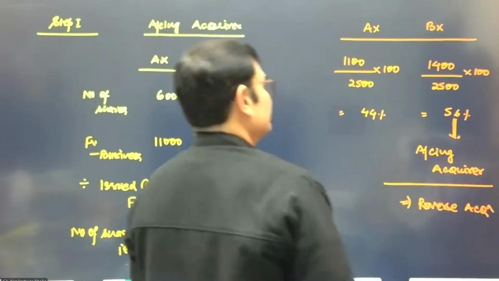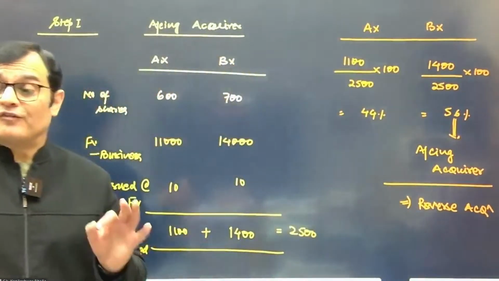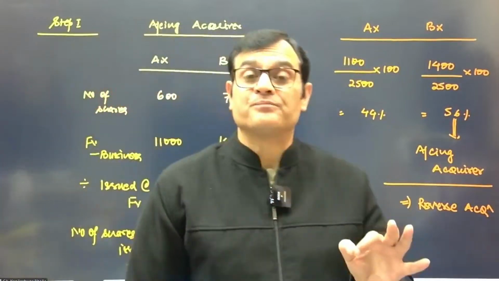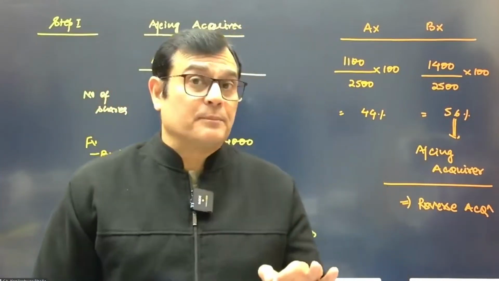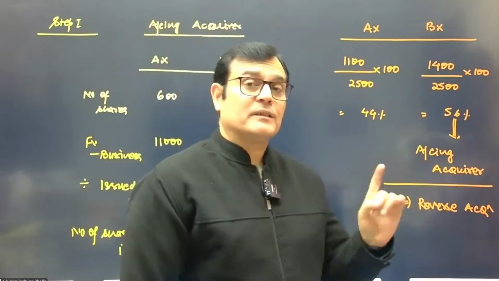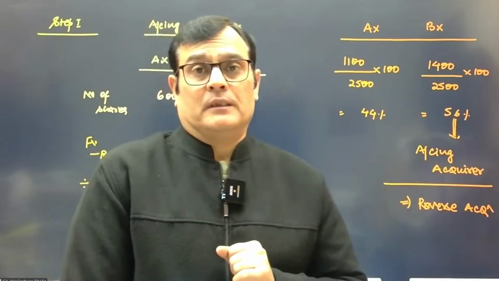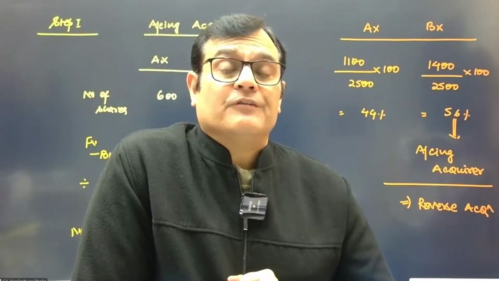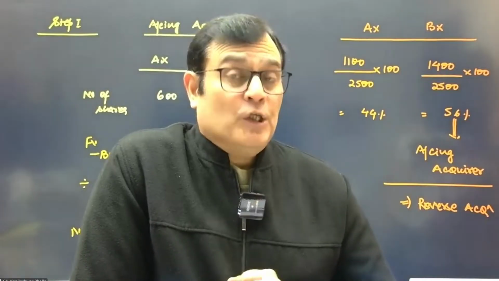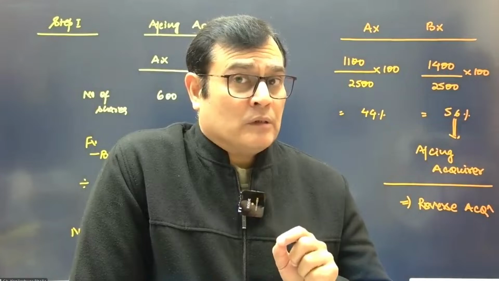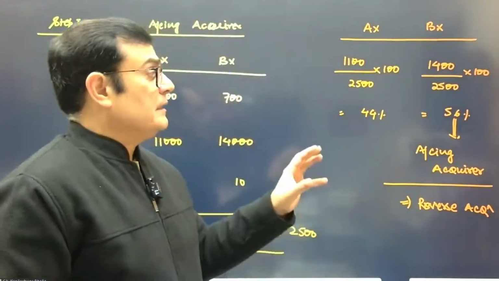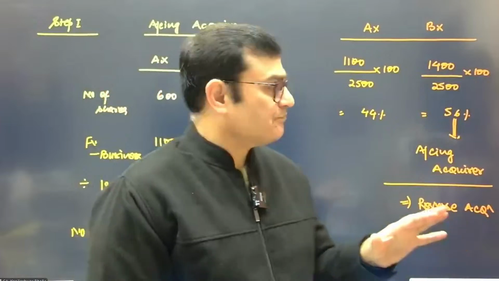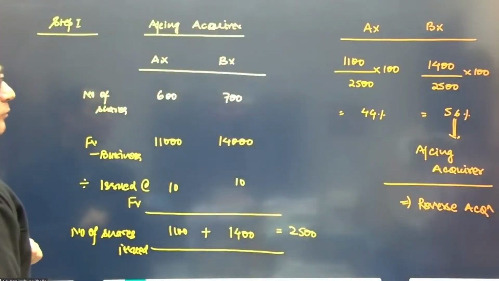Just to remind you once again, though the fact that it is a reverse acquisition is already given in the question, I am still doing step number 1 because I'm concerned with that 56% figure. Without that 56% figure, I cannot derive my purchase consideration. So this calculation is important, even if it is clearly stated in the question who the accounting acquirer is. Okay, so this is step 1.